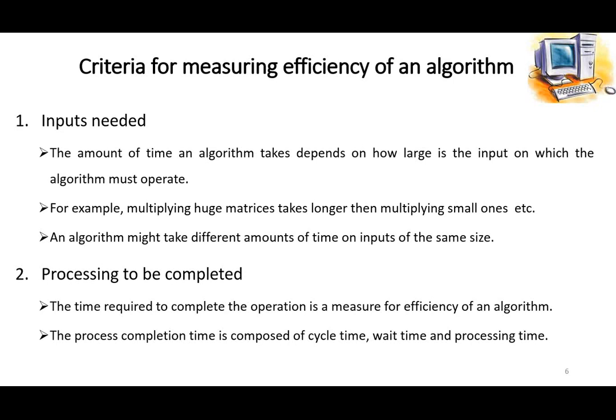When these 3 different timings are combined together, it makes up the overall process completion time. So if an algorithm's process completion time is longer, it means that the algorithm is not efficient with respect to the completion of process, or with respect to the time it takes to complete a process.